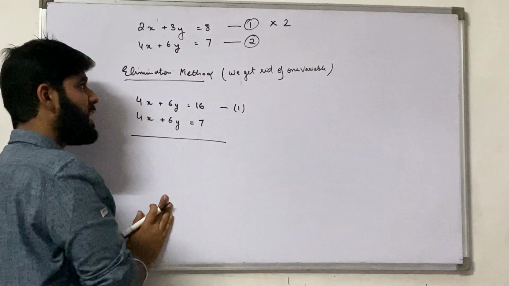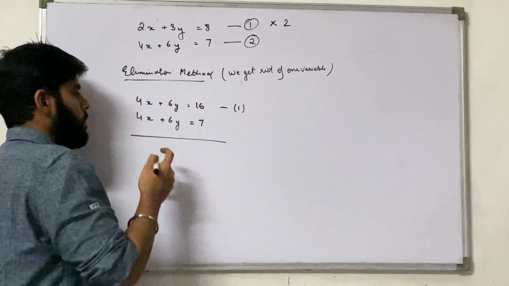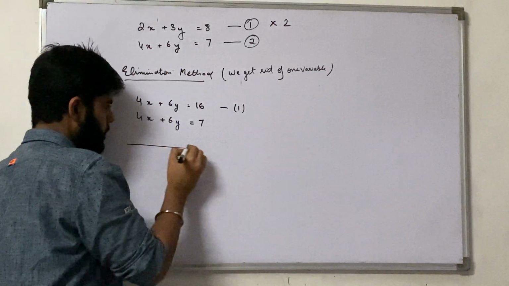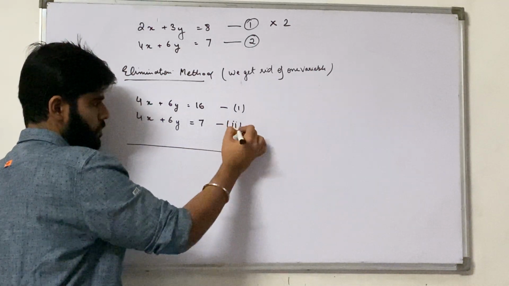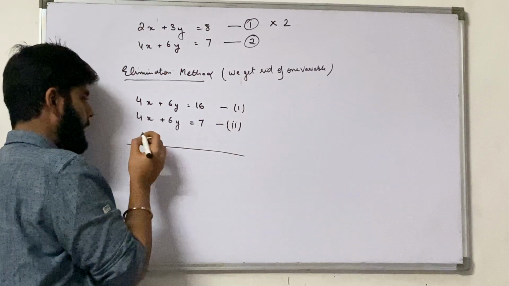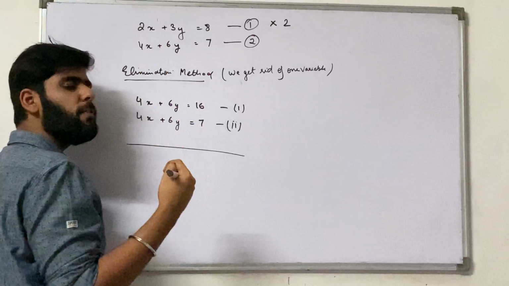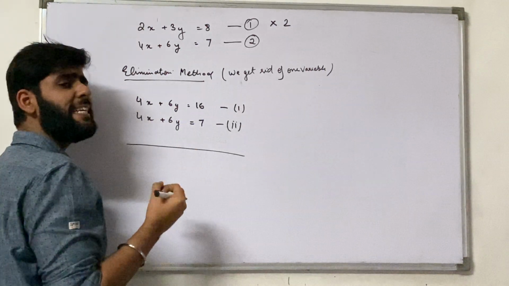Now we will leave one line over here and then one line. Because we want to eliminate, we will think of subtracting the two equations.